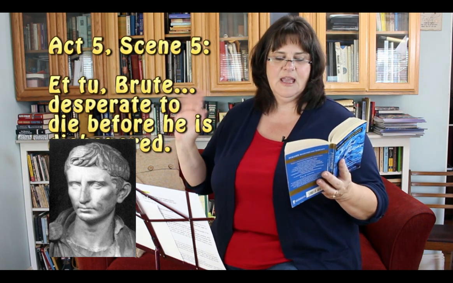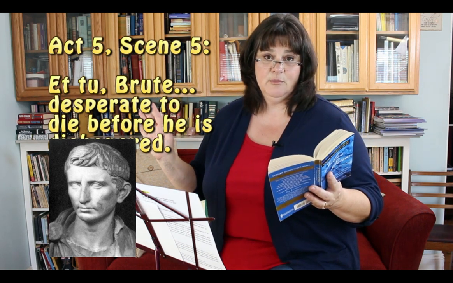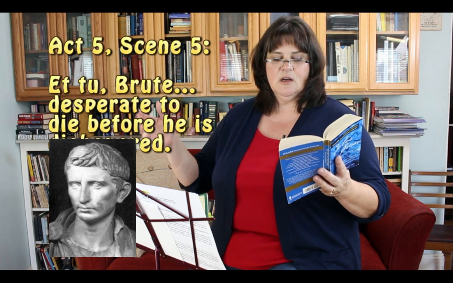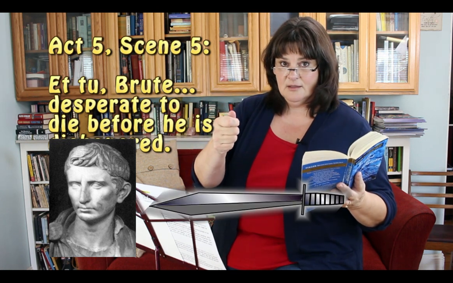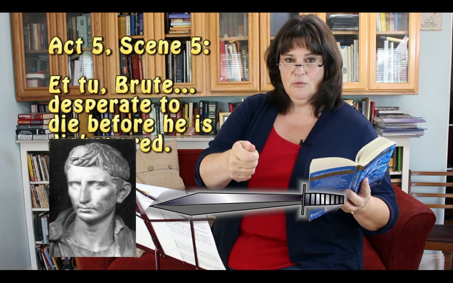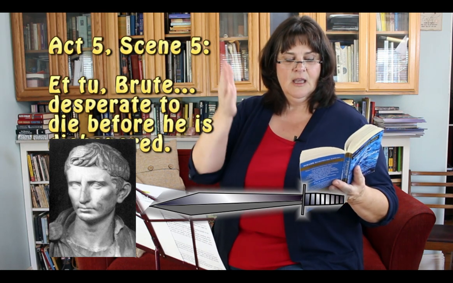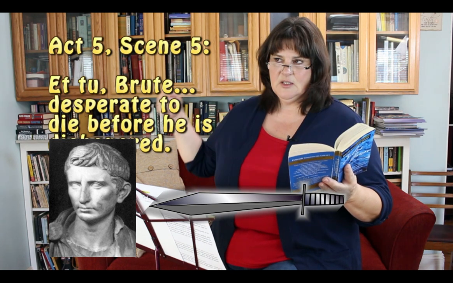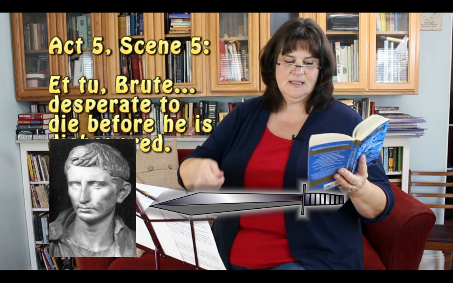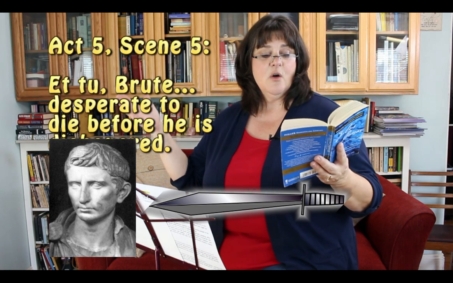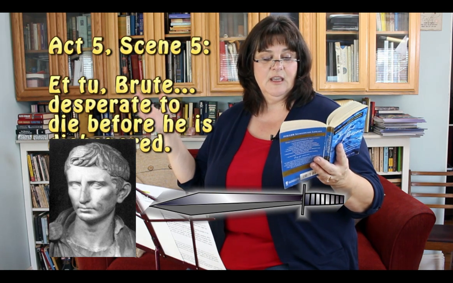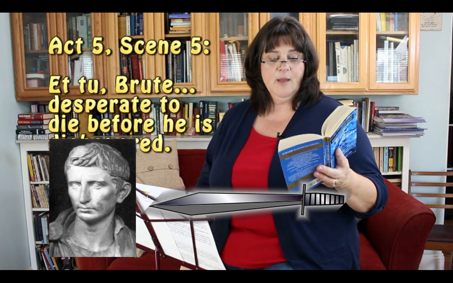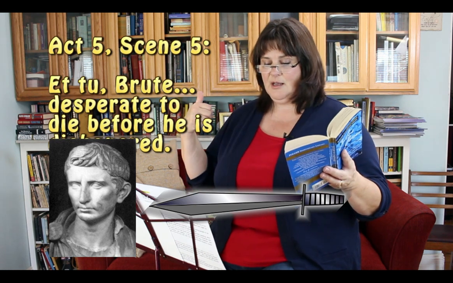Oh, coward that I am, to live so long to see my best friend taken before my face. So he says, Pindarus, come and be a free man. Pindarus is his slave. Run me through with this sword that killed Caesar, and you won't stand to answer for it. And as Pindarus stabs Cassius, Cassius says, Caesar, thou art revenged, even with the sword that killed thee. And Pindarus looks around and says, whoo, I'm free, I'm not sticking around, I'm out of here.